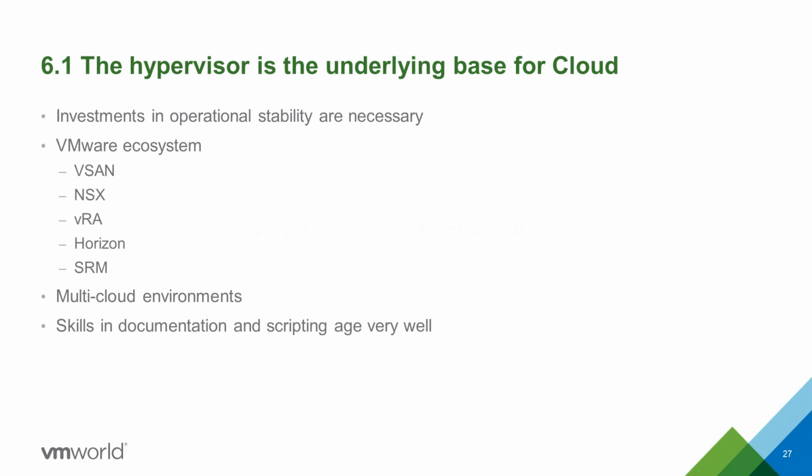Okay. So why is all this information important, right? It's really a lot of detailed, small settings, but the hypervisor is really the underlying base for a lot of the VMware cloud.